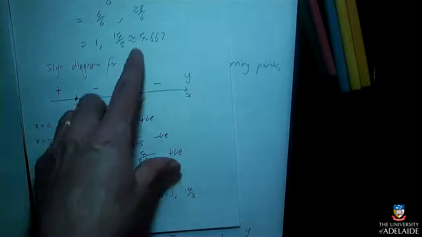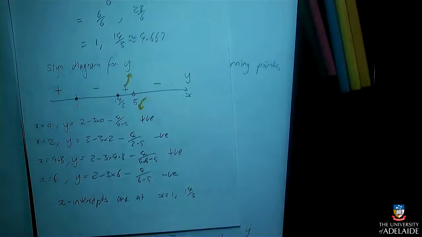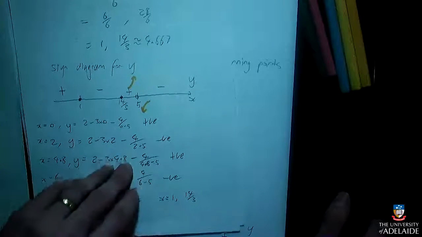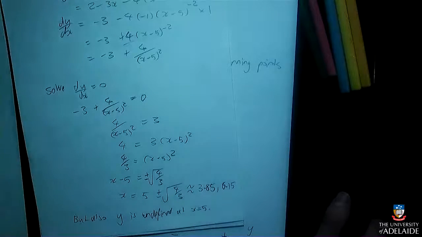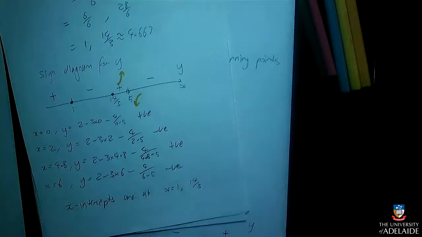And every time I figured out a decimal, I said it was approximately equal to. Probably should have said how many decimal places I did, and I probably should have been consistent as to how many decimal places I did. Sorry about that. And I did the sign diagram, and every time I did a sign diagram, I told people how I was calculating it. You'll notice that it's okay to say the x-intercepts are at a location. It's also okay to say what the coordinates of the points are.